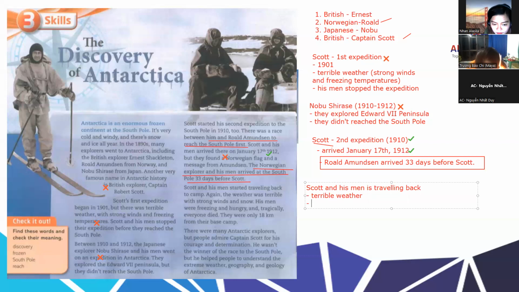His men were freezing and hungry, and everyone died. Do you know the meaning of tragically? No. It's like very bad, in a very bad situation. Tragically, worst. So they are freezing, they are hungry, in the worst situation. Tragically, they all died.